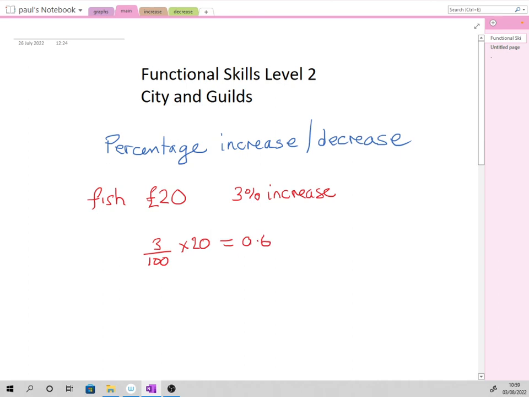Now what's that? 0.6 is 60p. 10% of that is £2, 1% of that is 20 pence, 3% of that is 60 pence. So we need to add these two numbers together. So the new price will be £20 and 60 pence after a 3% increase.